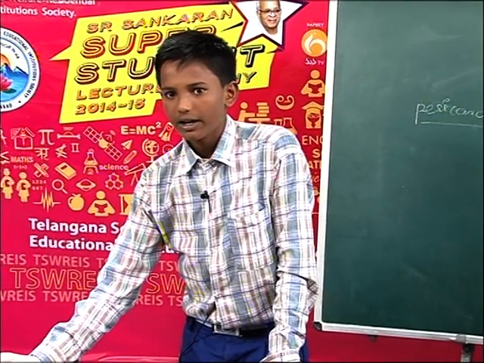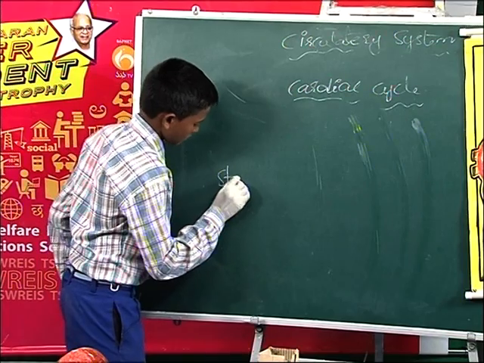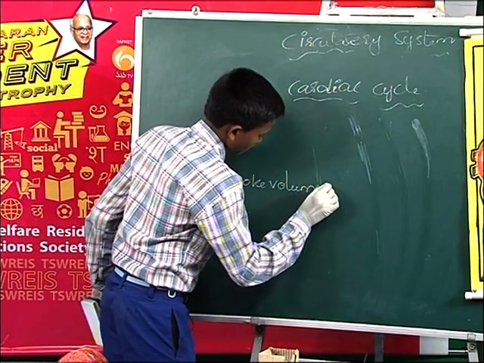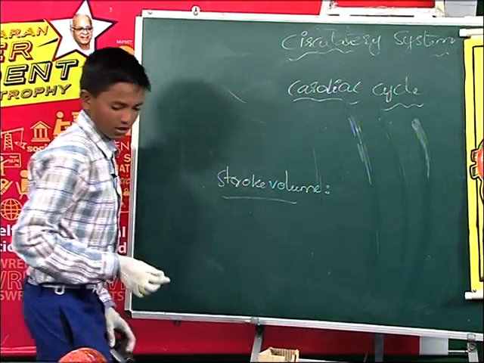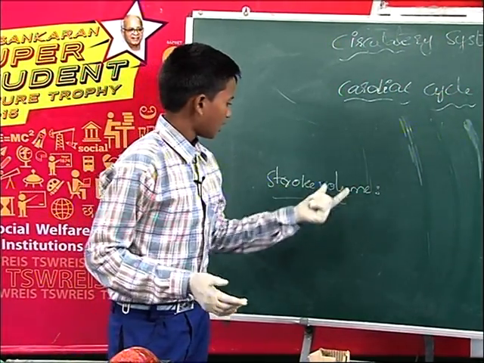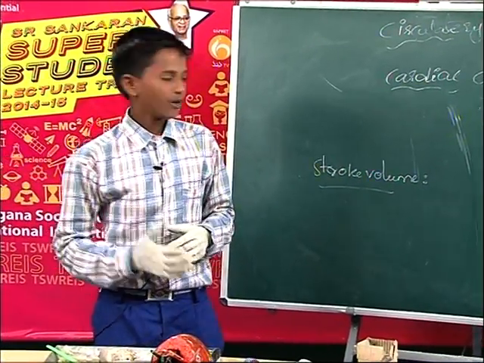So here this is the pericardium. Now we enter into stroke volume. Stroke volume means the volume of blood pumped by each ventricle in one beat.